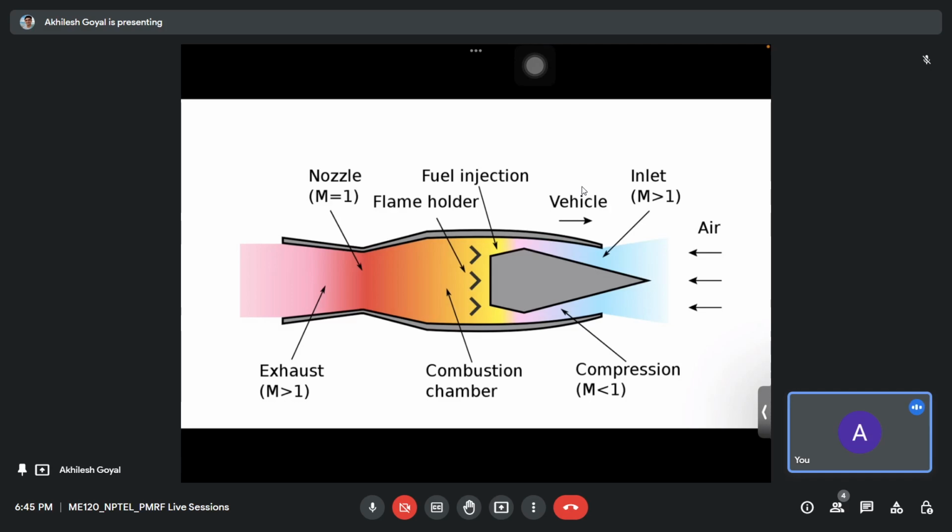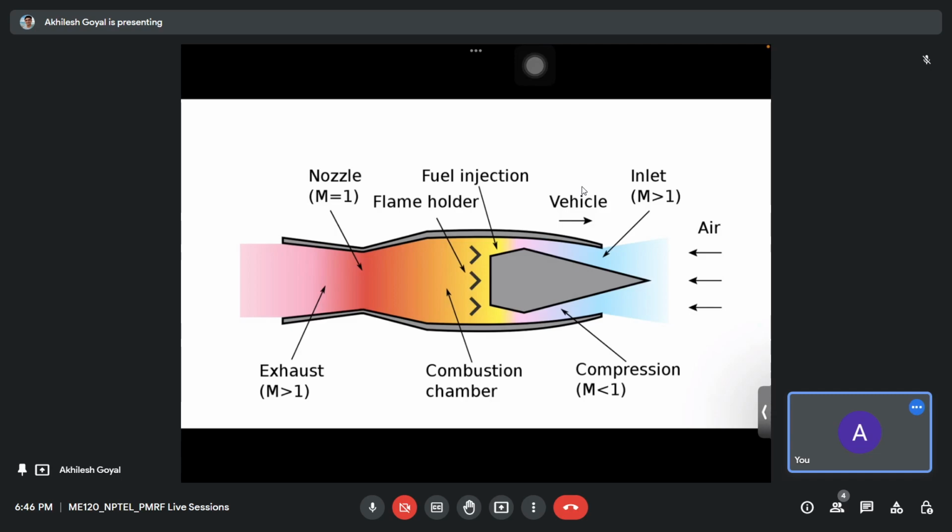Now the second thing in the case of ramjet engines is, to get that ramming effect, for the working of a ramjet engine, air should be at sufficiently high velocity.